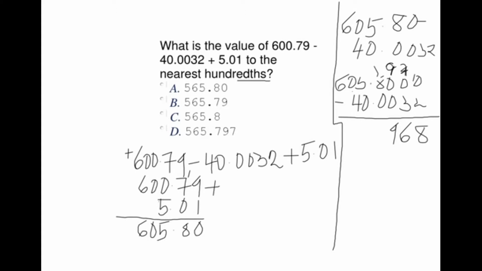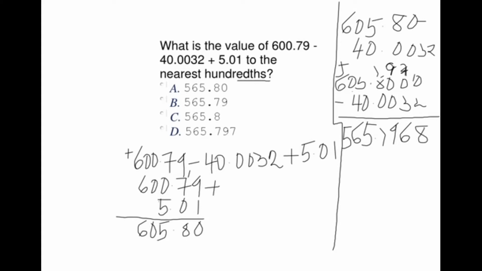So we have 7 points. 5 minus 0 is 5. 0 minus 4, we borrow from here, we remain with 5. This is 10 minus 4 is 6. Then we have 5. So we have 565.7968.